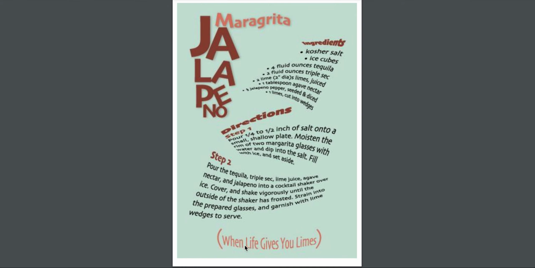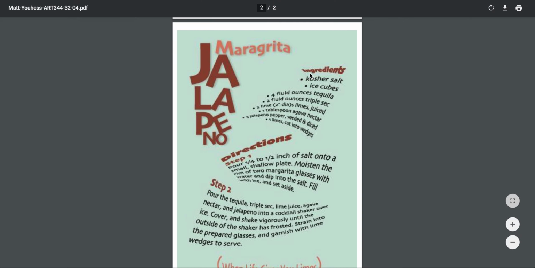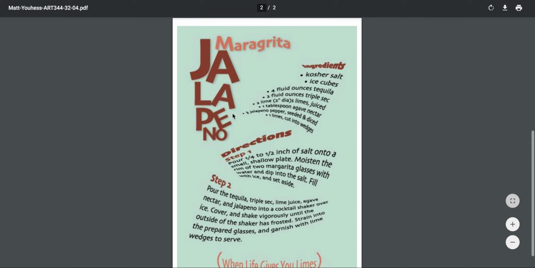And it would be nice to see when life gives you limes also follow in this motion. So you have one motion and effect going on for your whole recipe just to kind of simplify it. So that way you don't have 2 different types, or actually 3. We have the wavy margarita, the stacked jalapeno, and then we have this swoosh-like effect for it. So just let's stick to one effect.